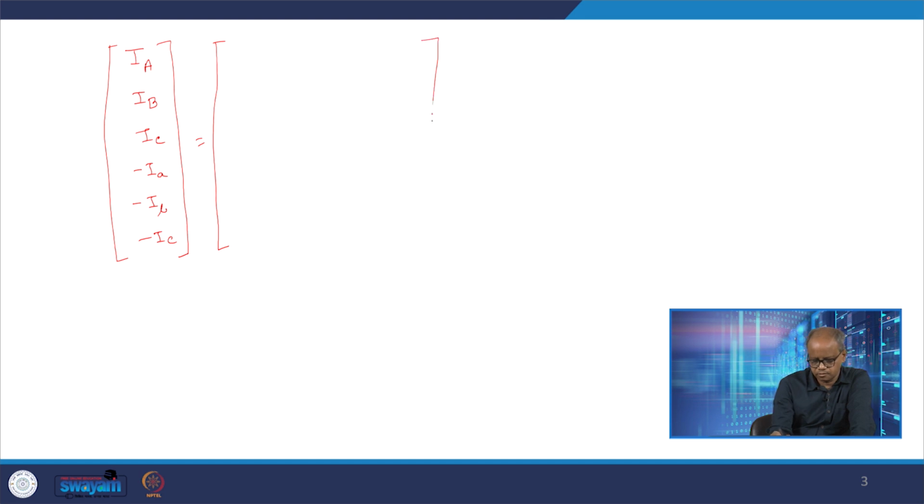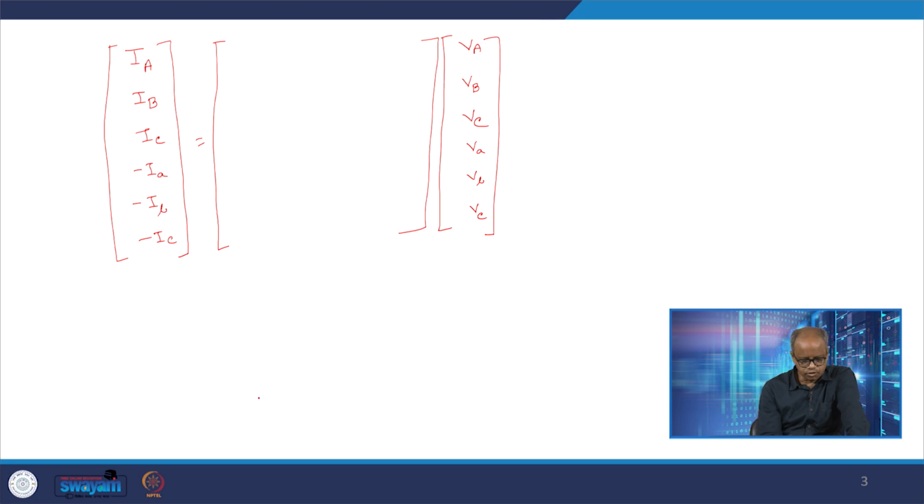So, what we are interested in is the representation of VA, VB, VC and then va, vb, vc. So, this is also a 6 cross 1 vector.